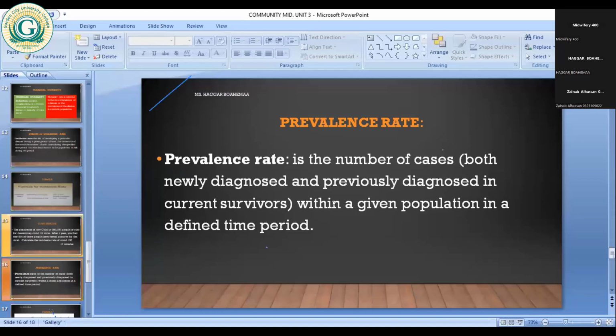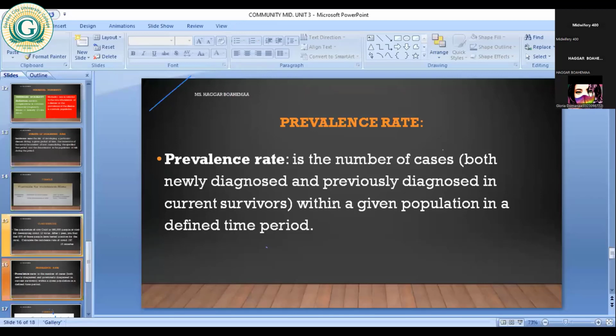For example, when we talk about the prevalence rate, let's take the example of anemia in pregnancy. Then you are asked to calculate the prevalence rate of anemia in your hospital, anemia in pregnancy. Now here, if they ask you to calculate the prevalence rate, you add both new cases and old cases.